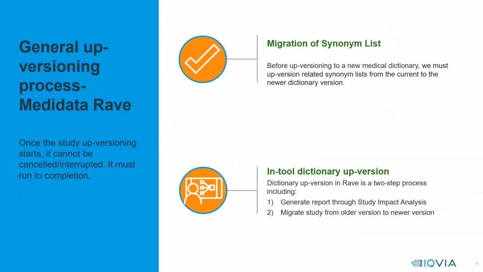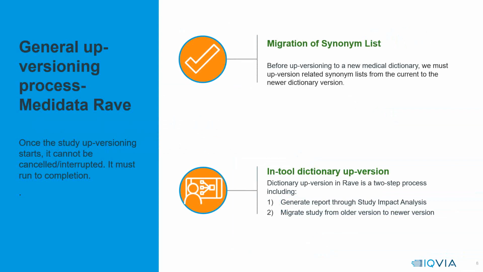For those who are not aware, synonym lists are lists of terms or coding decisions that a medical coder can record for a study, so that the next time the same verbatim is encountered, it gets auto-coded via the synonym list. That eliminates one step of manual coding.